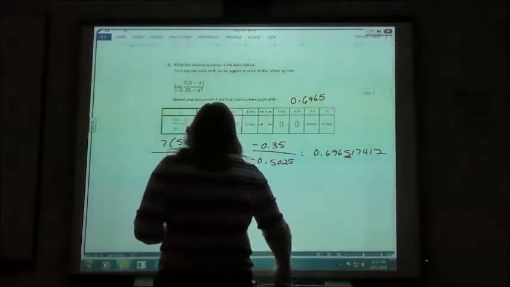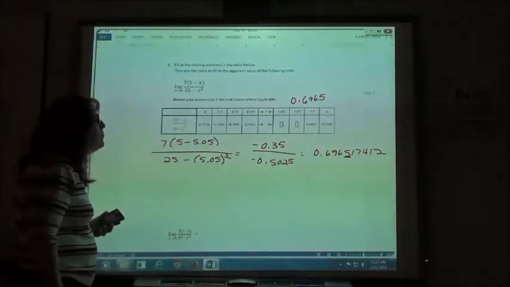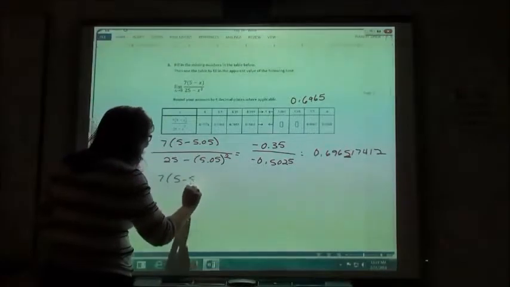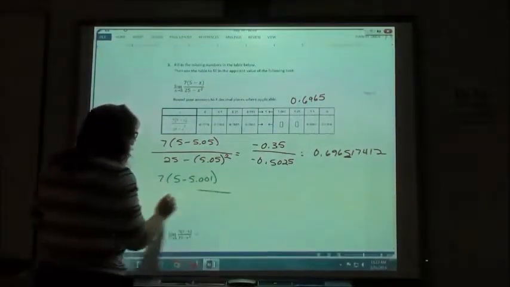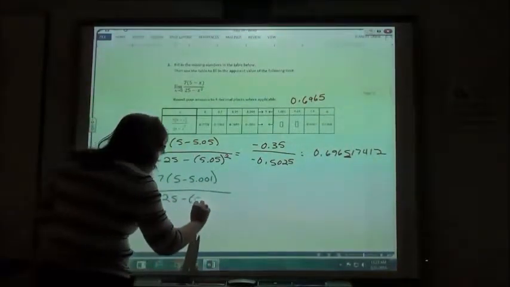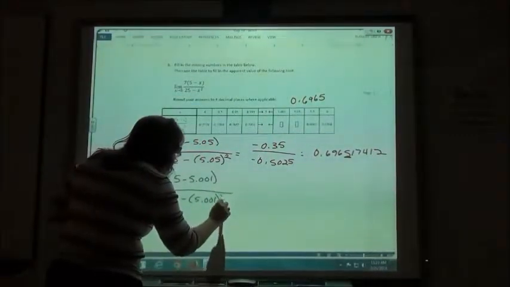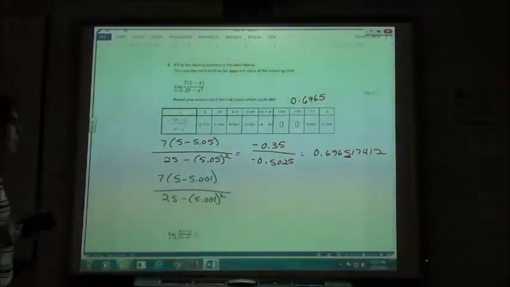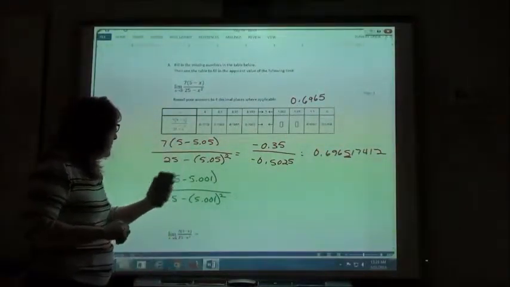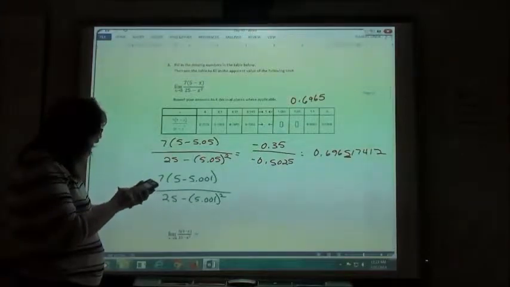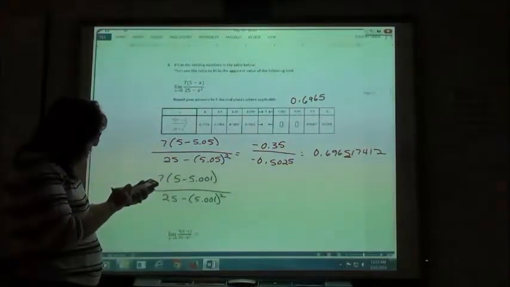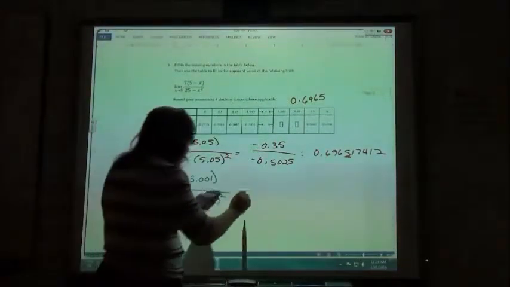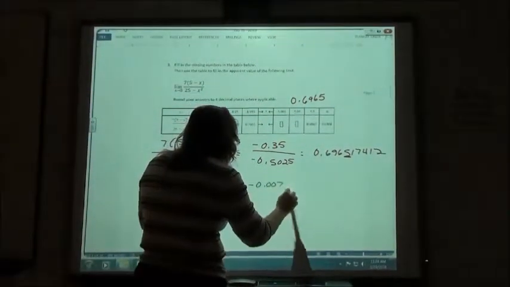If I do the other one, I'm going to use 5.001. So 7 times 5 minus 5.001 over 25 minus 5.001 squared. Notice I put parentheses around my 5.001 there on the bottom just to be on the safe side. So on the top, 7 parentheses, 5 minus 5.001, close my parentheses, gives me negative 0.007.